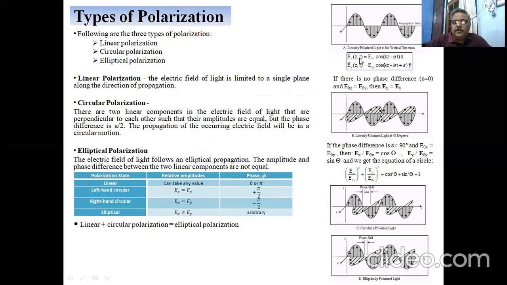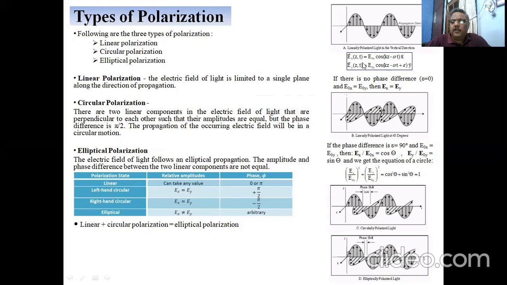Just see these two. This is a transverse wave. The oscillations are in a direction perpendicular to the direction of propagation. We say that this is the electric vector. This is the propagation of the electric field only. And the electric field along the x direction is represented by this expression.